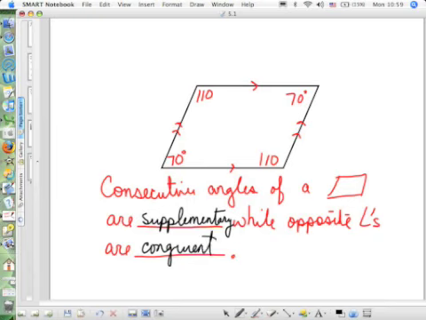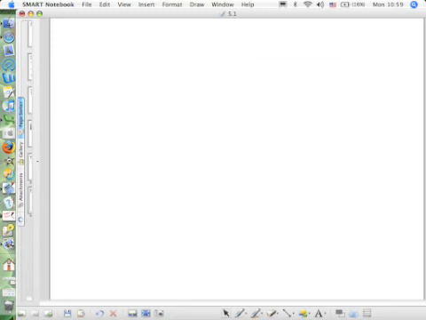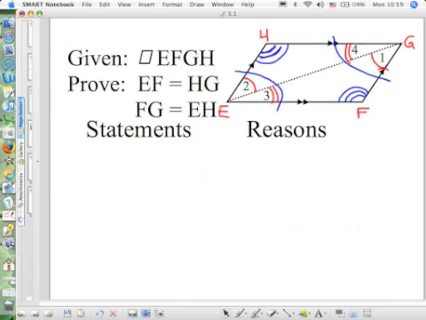So we have all kinds of nifty information right now about parallelograms. Okay? Now we're going to turn to the classroom exercises and we're going to apply.